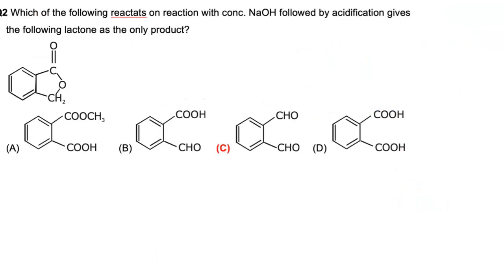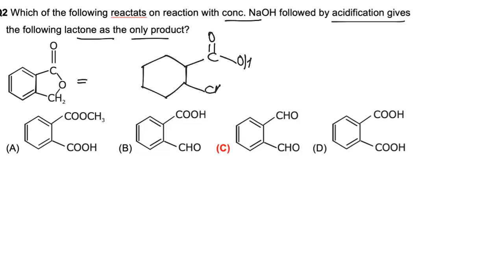Which of the following reactants on reaction with concentrated NaOH followed by acidification gives the following lactone as the only product? To form this lactone, we have to prepare this compound. Now lactones are cyclic esters, so to prepare a cyclic ester we require this acid.